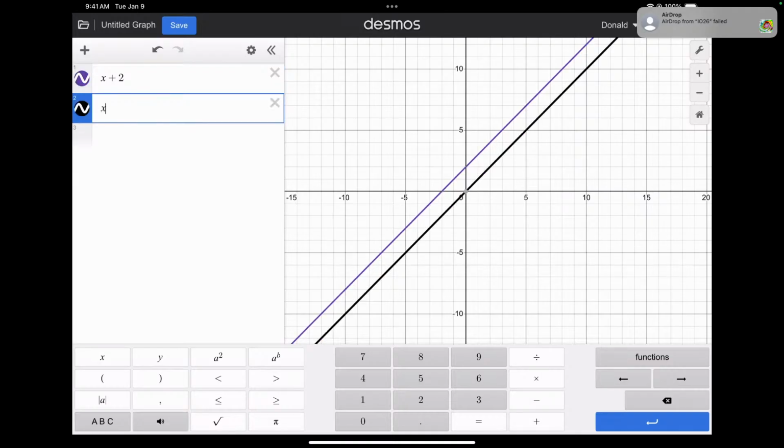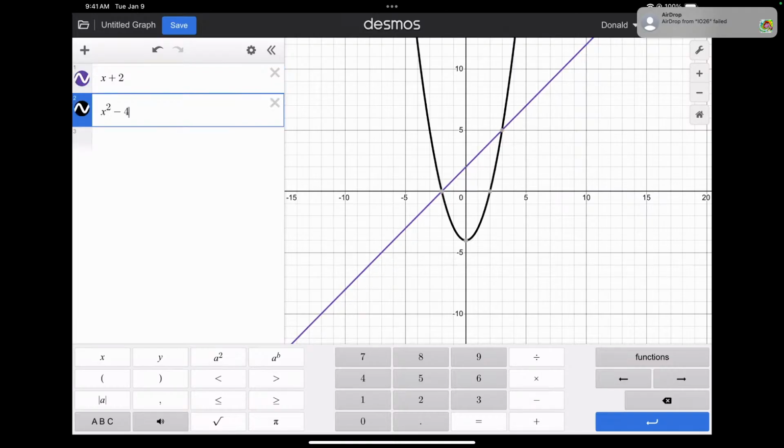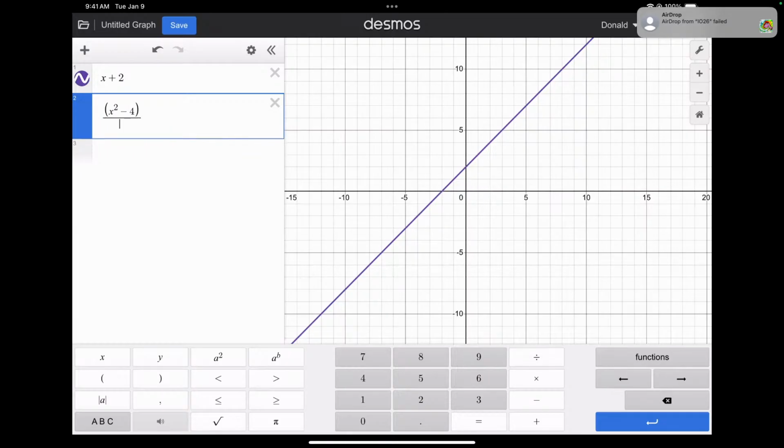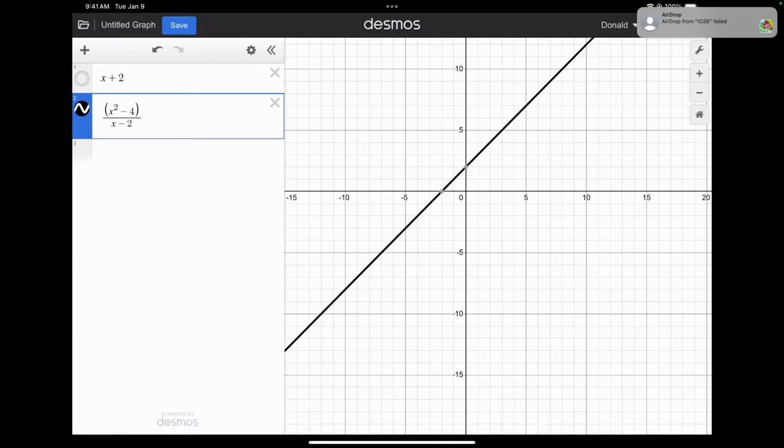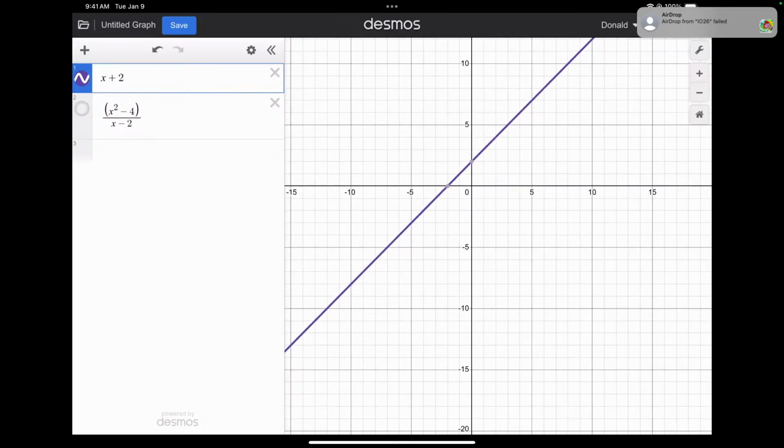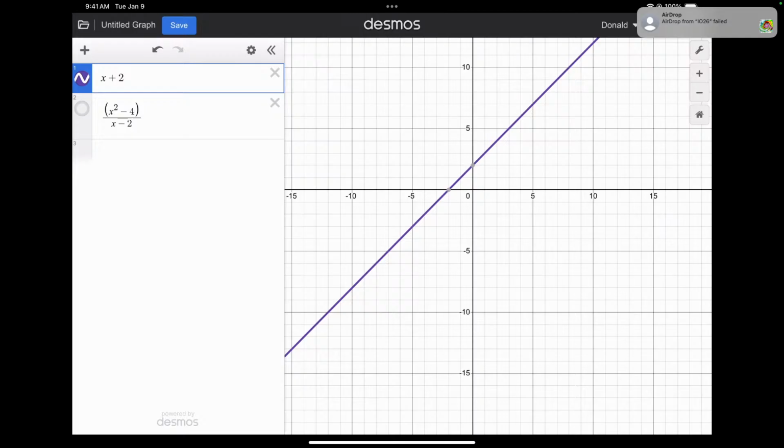So this is x plus 2, and this is x squared minus 4 over x minus 2. And you find out they are exactly the same, but there's a slight difference between those two graphs. What I mean by slightly is this. If I just scroll this value, as I go into this value and scroll all the way to here, you don't see any difference, right?